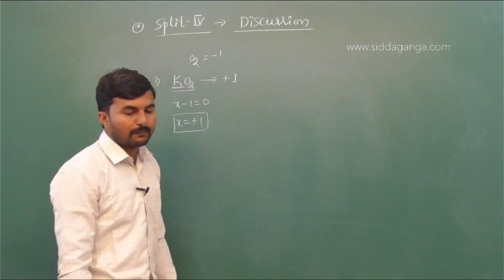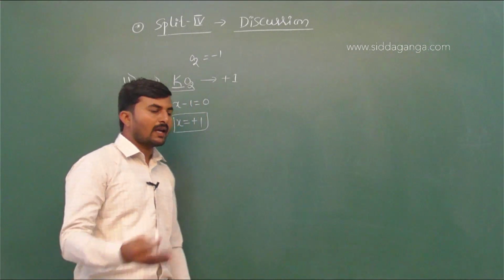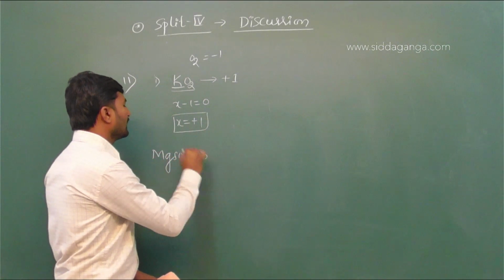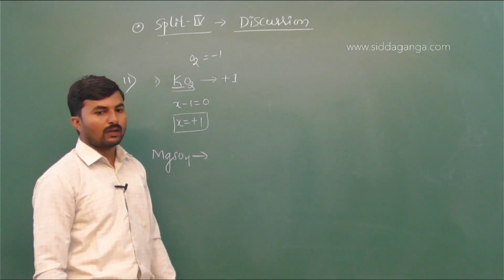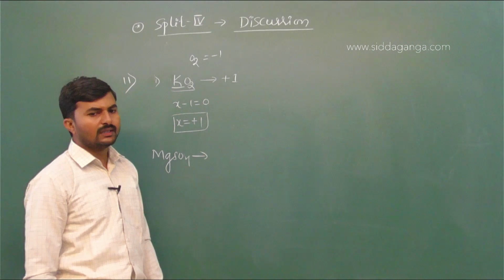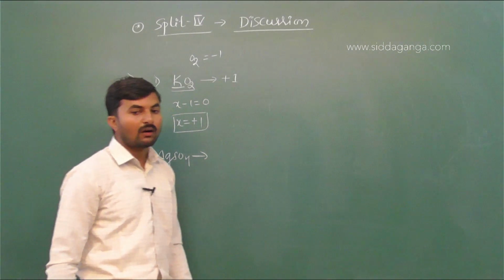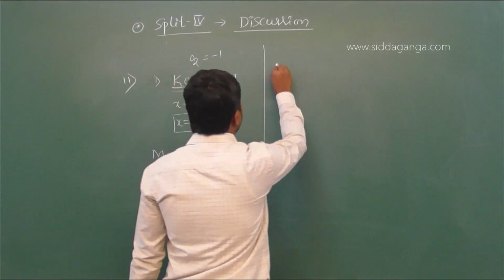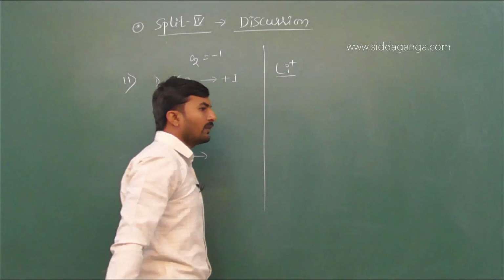Then the second one: magnesium sulfate is readily soluble in water. Magnesium sulfate, being a salt, is readily soluble in water. Followed by: Li plus has minimum degree of hydration.